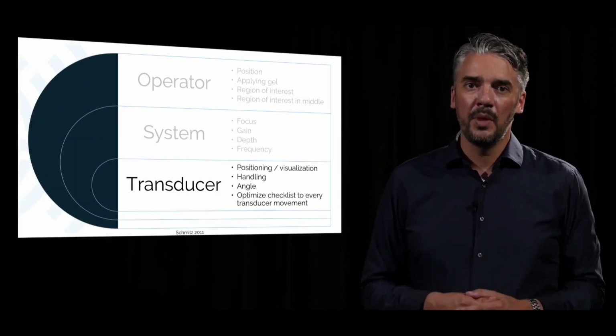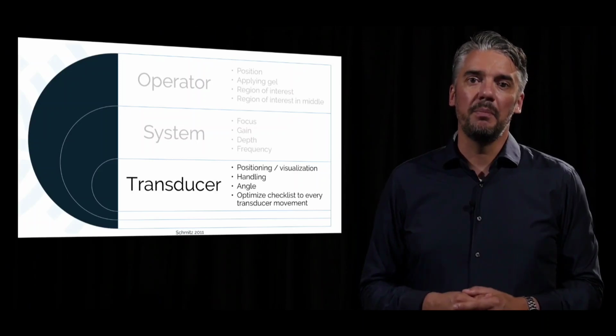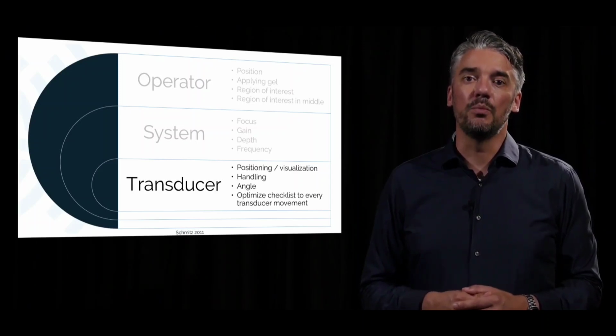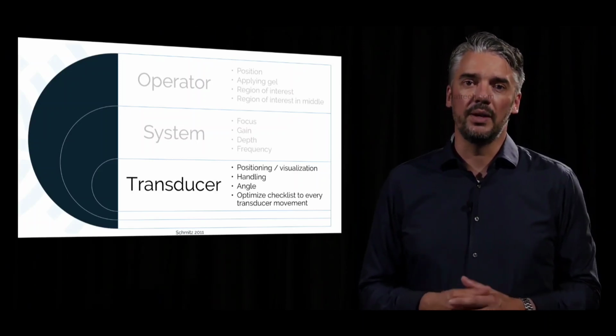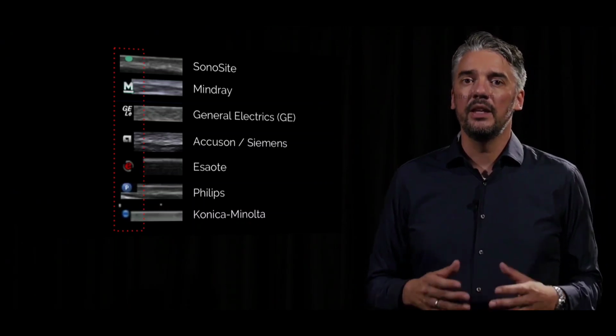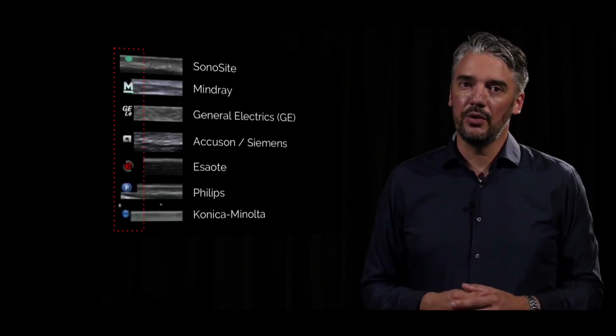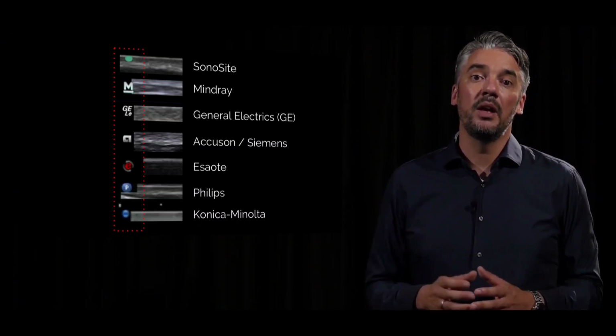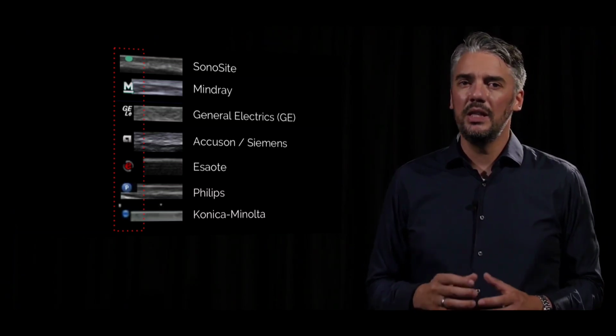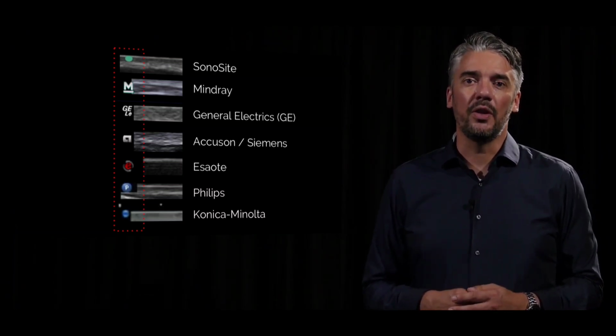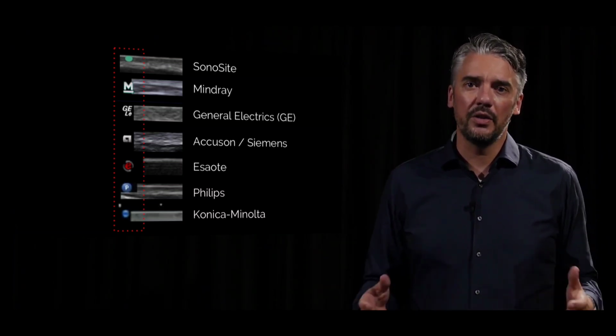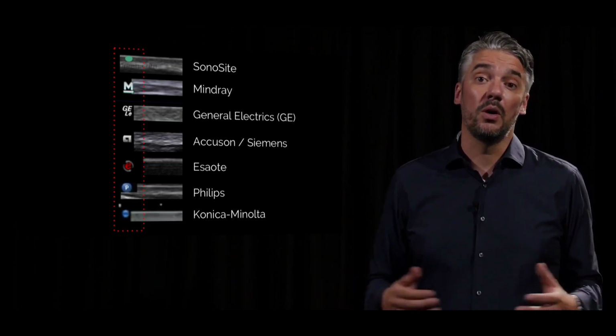For example, when the transducer moves in the medial direction on the body, it should move the same direction on the screen. In the upper left of the screen of ultrasound systems, a little symbol can be found. Each ultrasound system brand shows a different symbol, but the concept is the same in all.